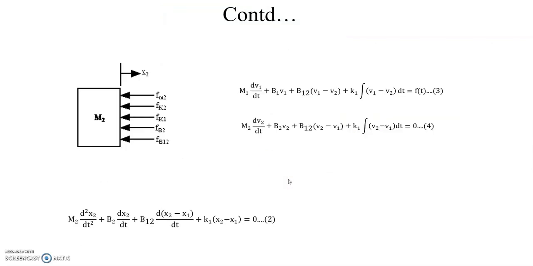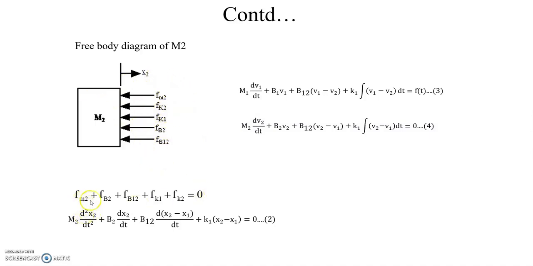Next, the free body diagram for mass M2. In this diagram only opposing forces are present, due to mass M2, spring K2, spring K1, dashpot B2 and then B12. We add these five forces, which is equivalent to applied force 0.